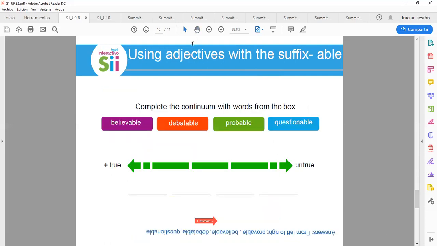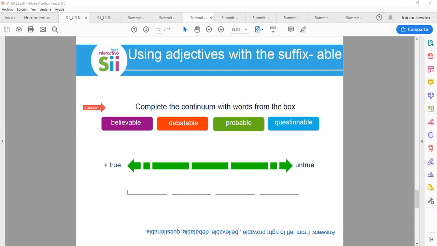Okay, now we are going to use adjectives with the suffix able again. Let's complete the continuum with words from the box. What is more true and what is less true or untrue?